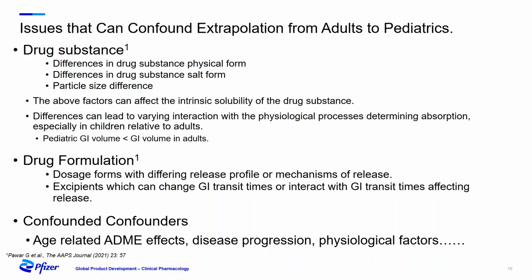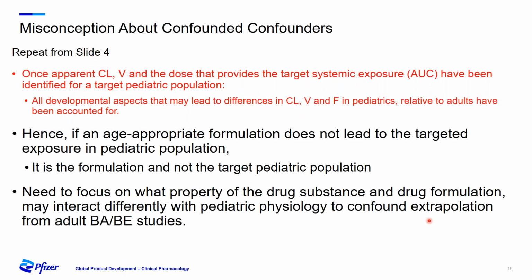The reason I call them confounded confounders, and I'm going to repeat what I said earlier, is that once the apparent clearance, volume, and the dose that provides the target systemic exposures have been identified for a target pediatric population, all developmental aspects that may lead to differences in clearance, volume, and bioavailability in pediatrics relative to adults are typically accounted for. Hence, if an age-appropriate formulation does not lead to a targeted exposure in a pediatric population, it is probably the formulation and not the target pediatric population.